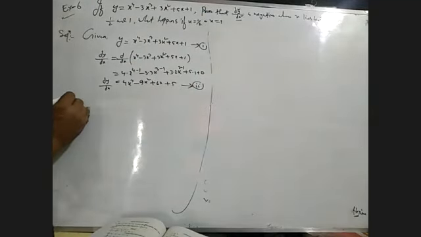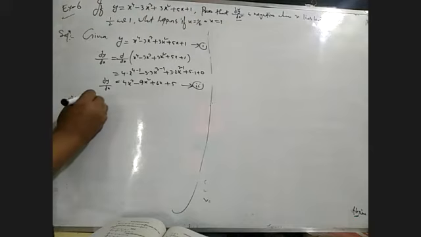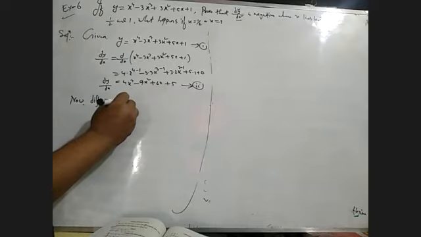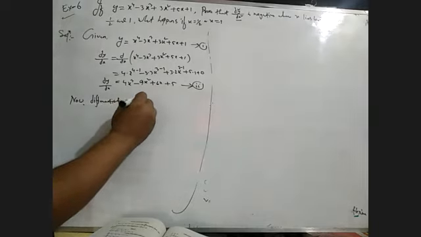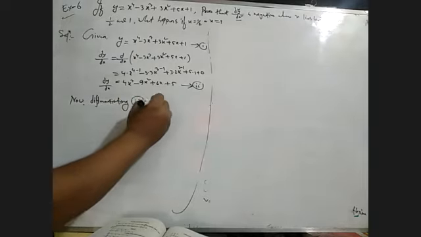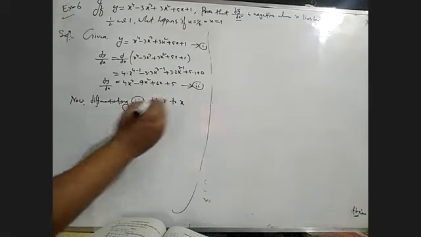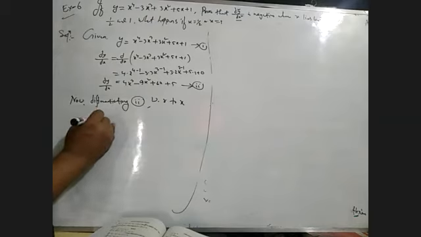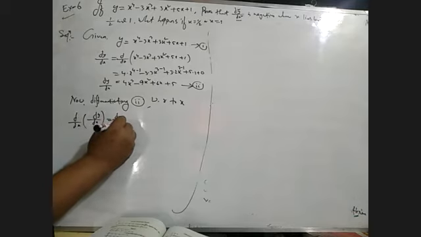Now again differentiating equation 2 with respect to x, we get d dx of dy dx, taking d dx on both sides of 2.